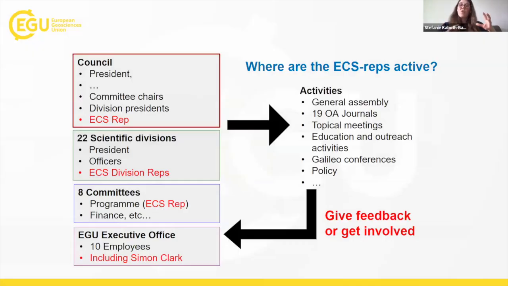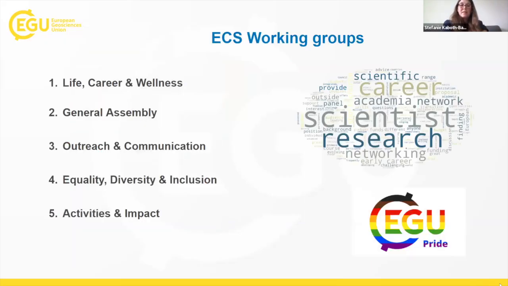So it's all about taking from the different topics where ECS representatives are active, whether it's education or outreach, the policies, the General Assembly, the journals, the topical meetings, that we take this information, feed it back into the EGU structure, and then bring that feedback back so we can inform as best as possible about the early career scientists' needs and wants in order to shape EGU. Next slide, please.